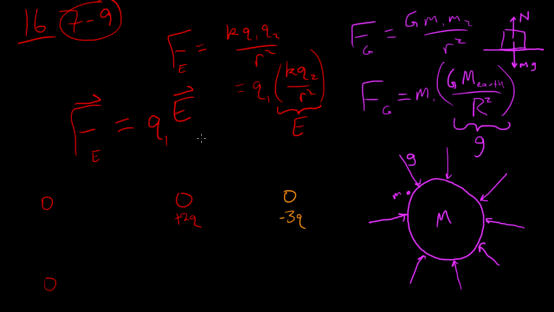Let's say that there are 2 lines per Q. That legend will help you know, okay, this is 2Q, and since I've got 2 lines per Q, I need 4 lines to leave the positive charge. And over here I've got 3 negative Qs, and so I need 6 lines to go into this negative 3 over here.